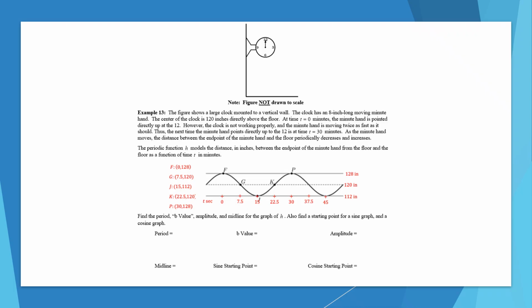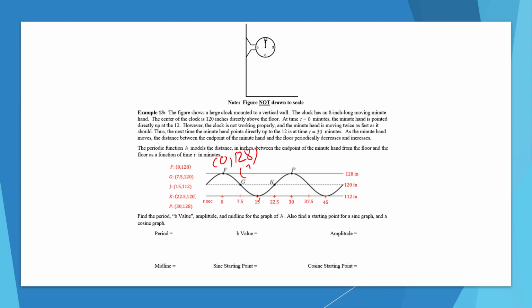And then for example number 13, this is what you will see on the AP exam, where I will give you a story problem. You will have to find the 5 coordinates, and then you will have to answer questions about the actual graph. So I gave you the 5 coordinates here. We are given that f is 0, 128, so you don't have to do this question again.